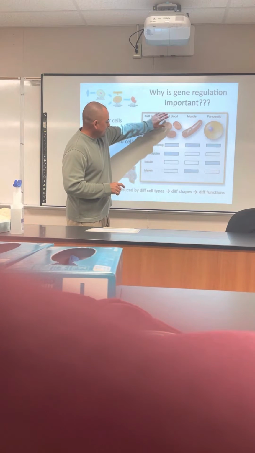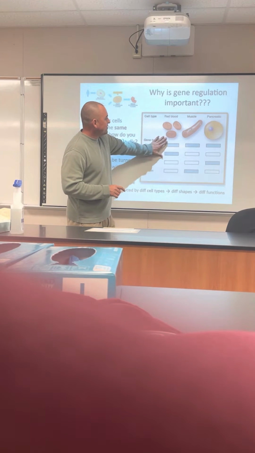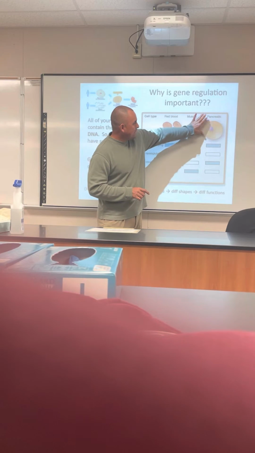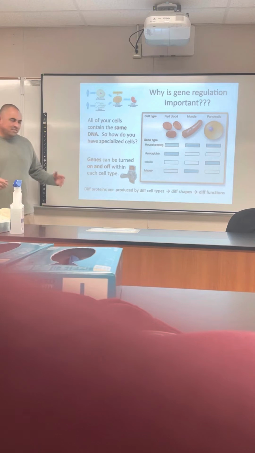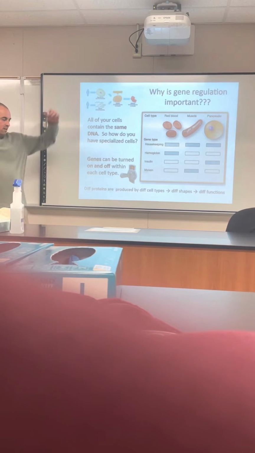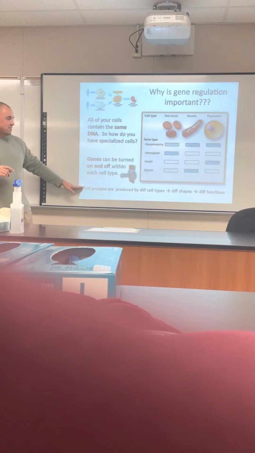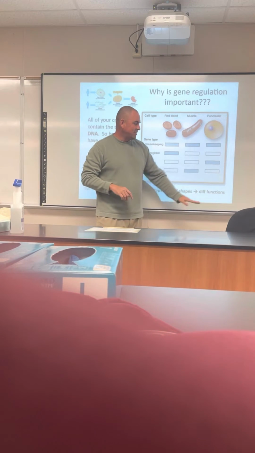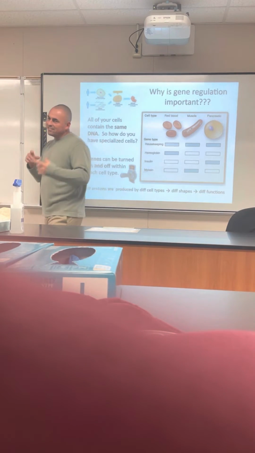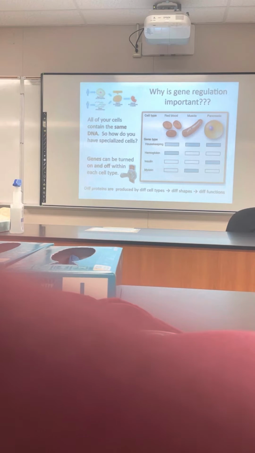Basically showing you in red blood cells you got certain types of genes, in muscles, others, in pancreatic cells you have others. So because you have different cells producing different proteins, you have different shapes and eventually different functions. So the key is different cells express different genes. Eventually you have different proteins. All right. That's what I want you guys to take away.